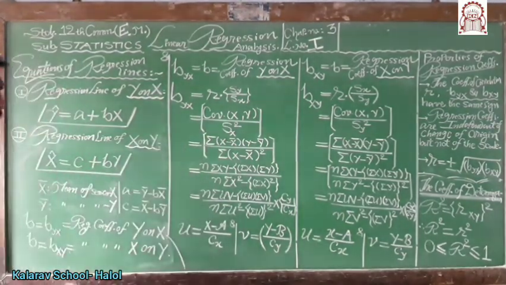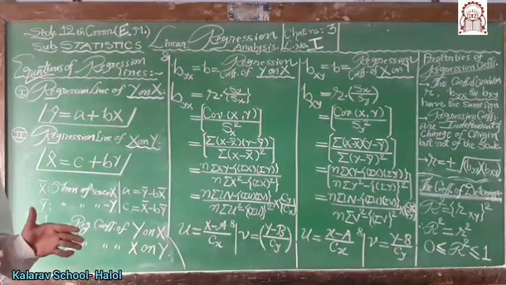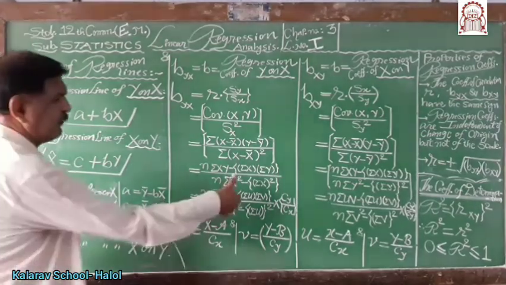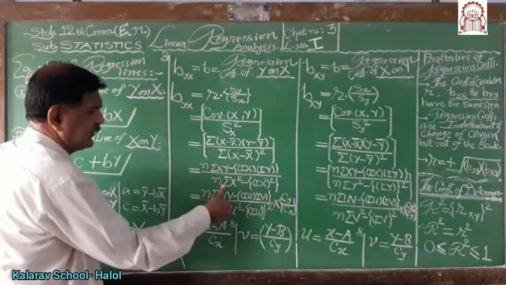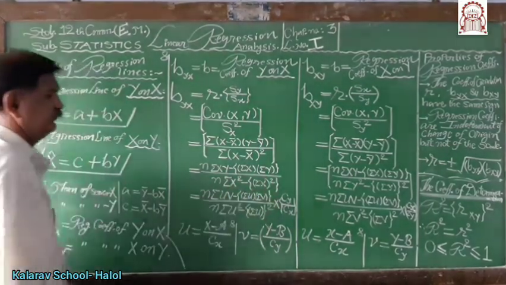If the values of x and y are very small, it is generally given by n times sigma xy minus sigma x into sigma y, divided by n times sigma x square minus sigma x whole square.